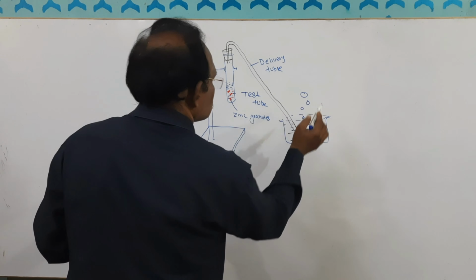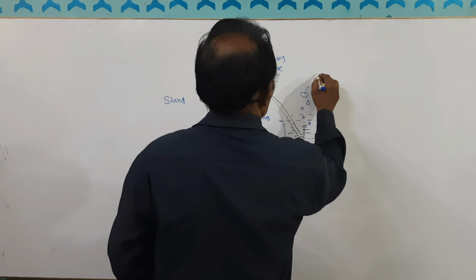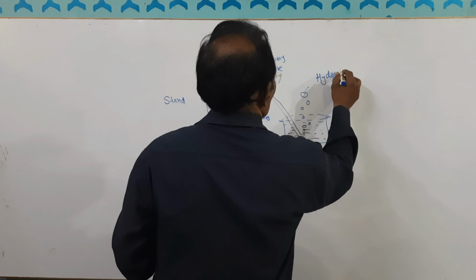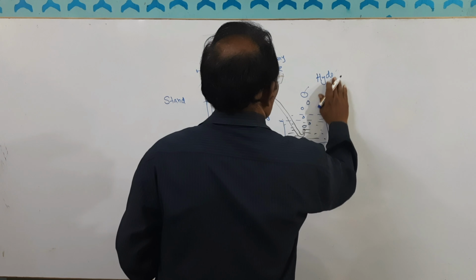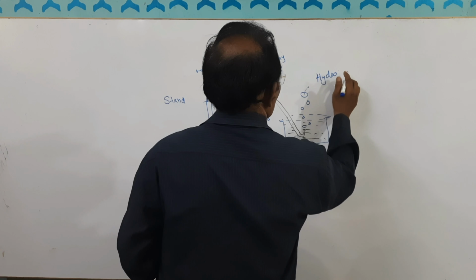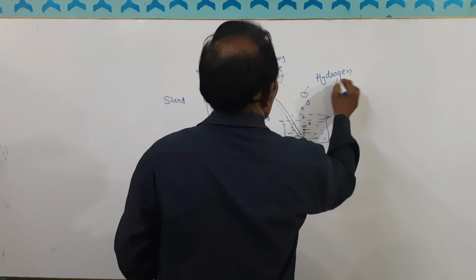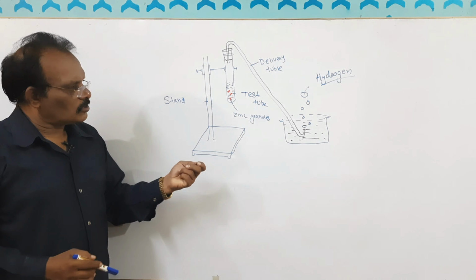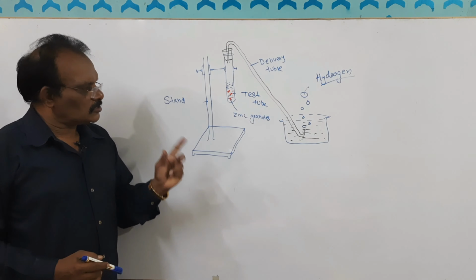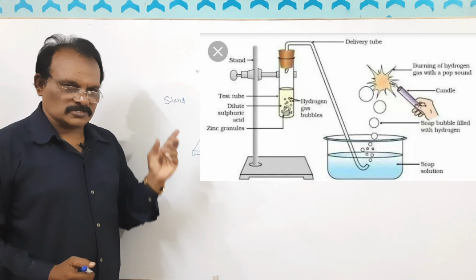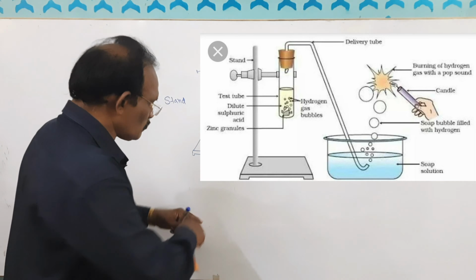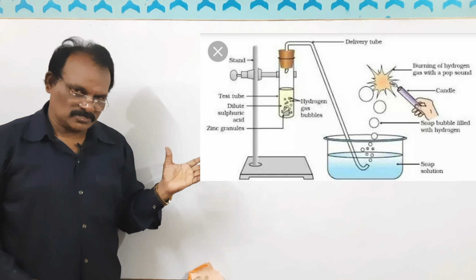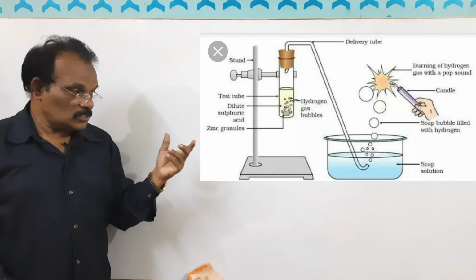And the gas which is coming is hydrogen gas. I have drawn this, but in the class 10 book, chapter 2, in chemistry, the whole setup was like this.